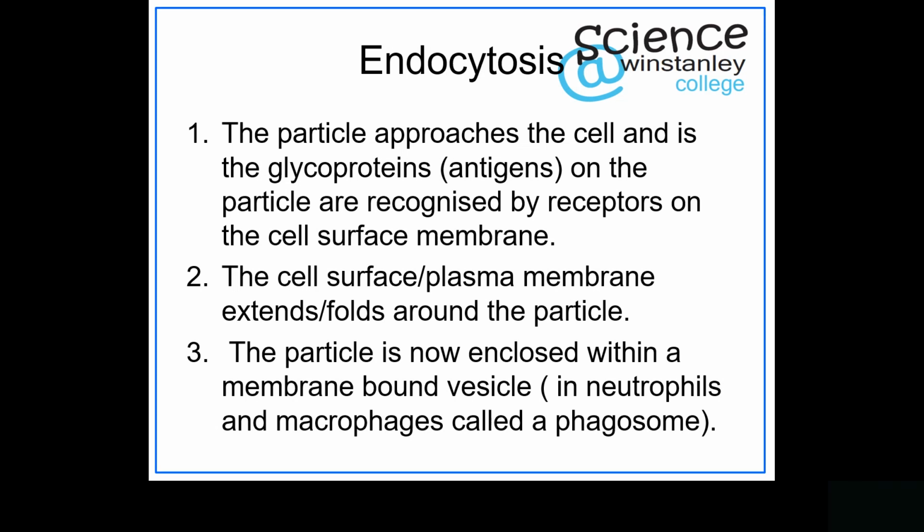Then the membrane begins to fold around that particle or that bacteria and enclose the particle. And you then end up with a vesicle on the inside. Now, the example I used was a neutrophil. That's a type of white blood cell. And the vesicle it forms has a very important name that we need to learn called a phagosome. It's just the name given to a vesicle inside a neutrophil.